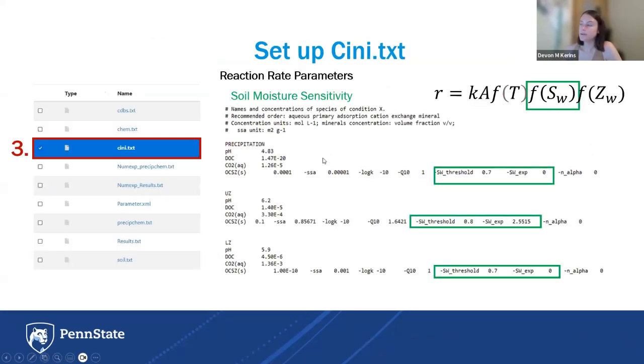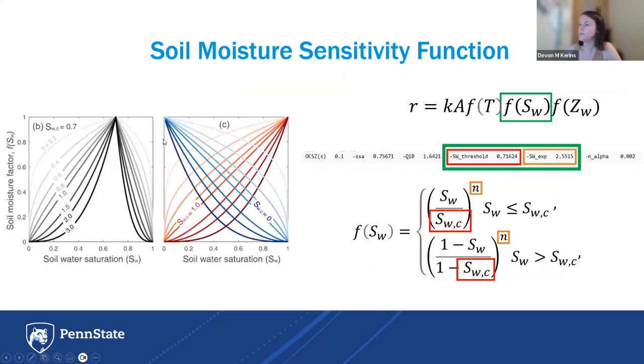The next parameter we will look at is changing our soil moisture sensitivity parameters. And so this includes a soil moisture threshold value, as well as a soil moisture exponent. And we can go over those here now. So our soil moisture sensitivity function is kind of a piecewise function. I'm sure that's not the right word, but we have a soil threshold value, and so this will be this threshold value here.